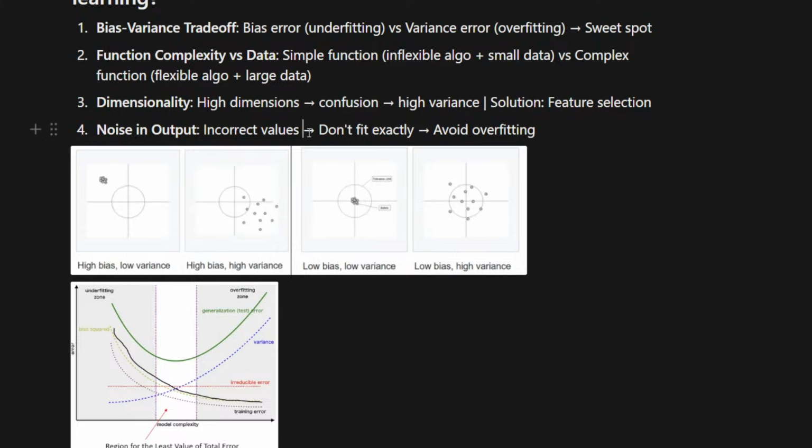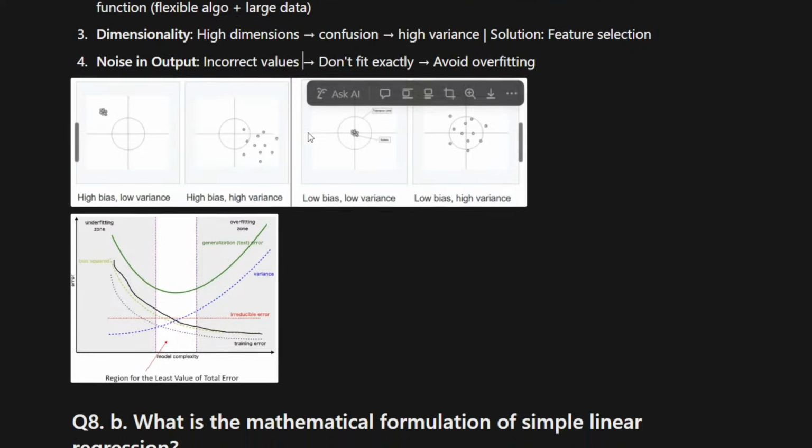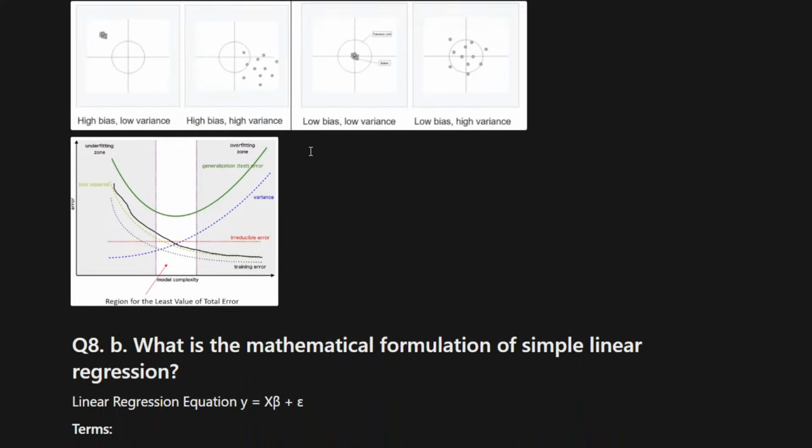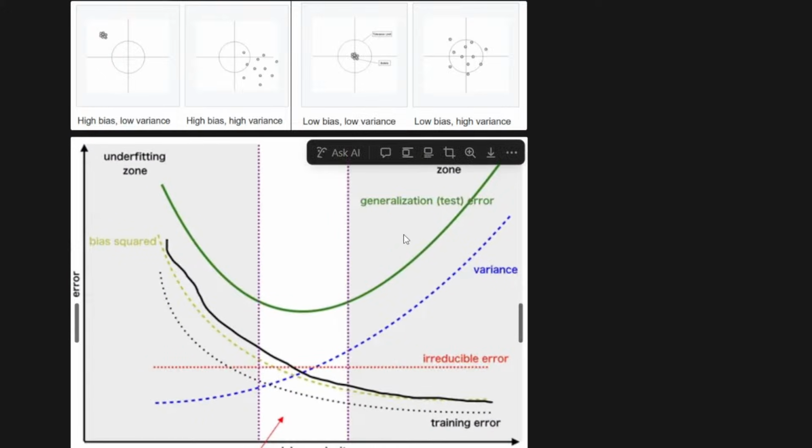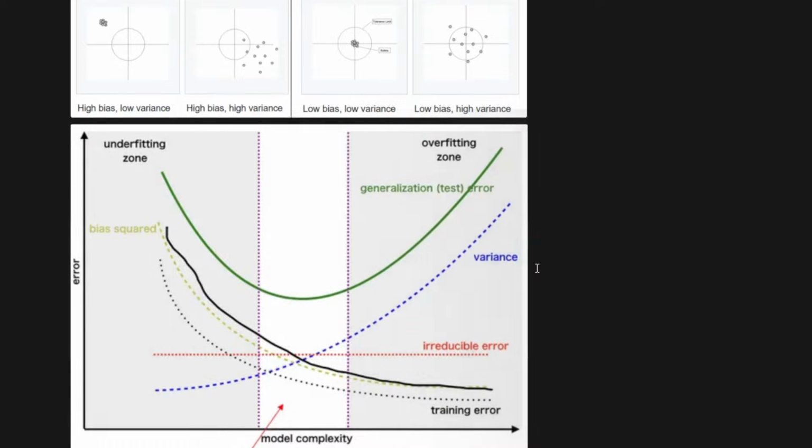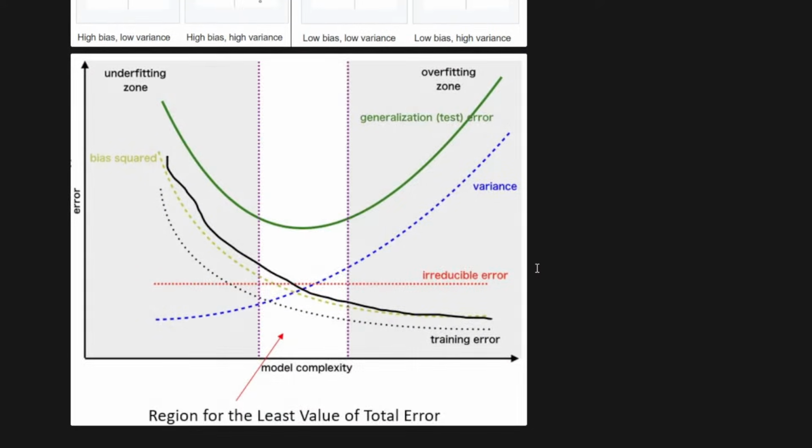So you have to do pre-processing beforehand such that your output efficiency is good. At the same time, you have to ensure that you don't overfit the data. Again, the same diagram.